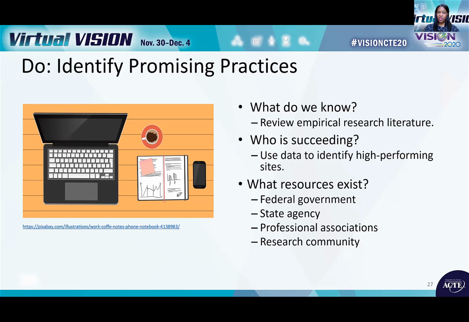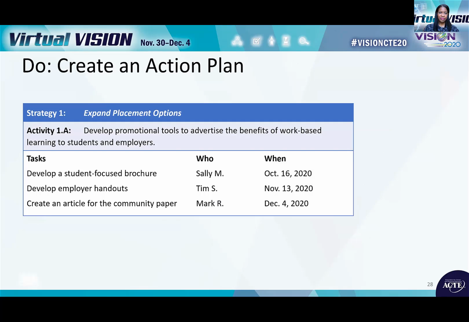You may also review national or state data to identify high-performing sites that have populations or programming similar to your own. And you might wish to consult a state agency or researchers with experience working in the field. And as you are doing this and gathering this information, you will find that it really will provide you this necessary information to begin action planning.